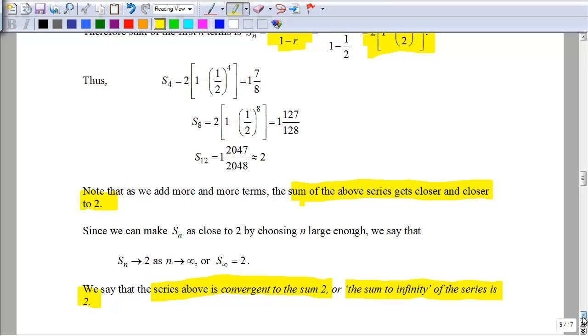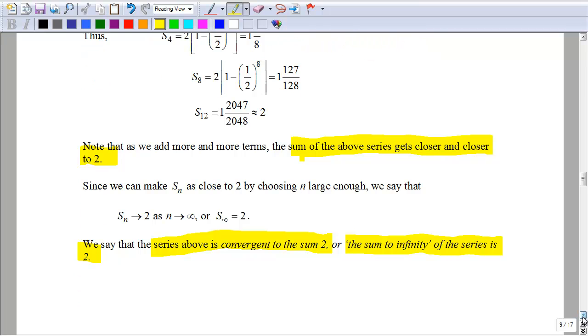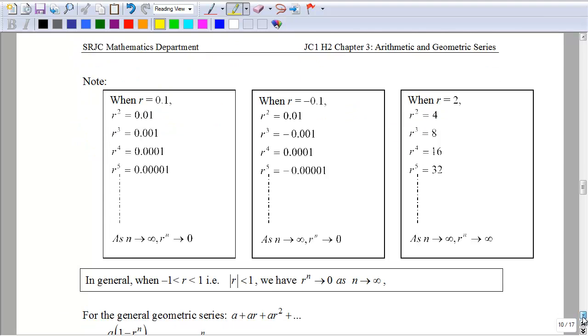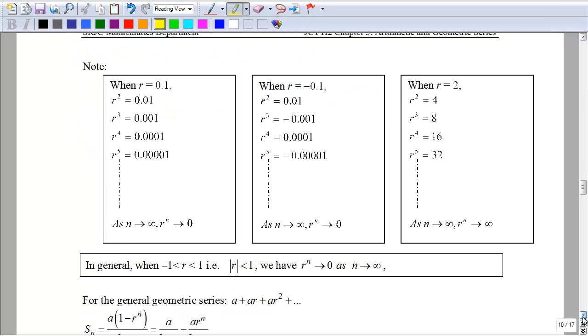Now, when will a geometric series be convergent like this? To look at that, let's look at these three different situations for different values of r.